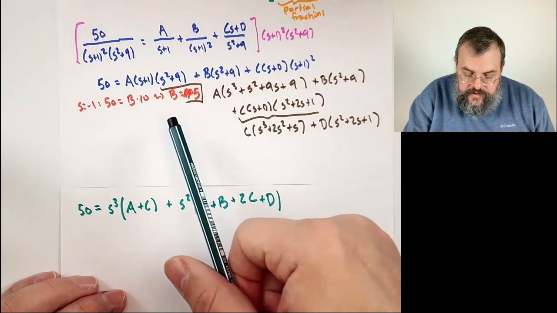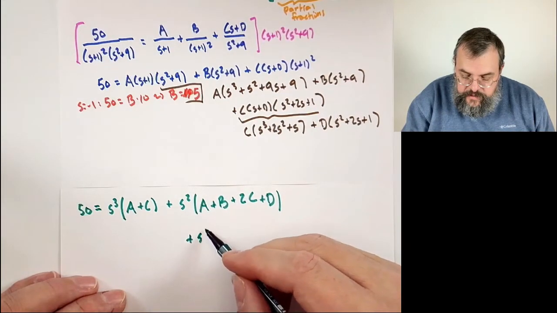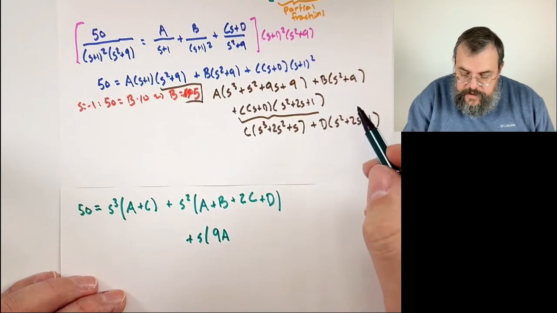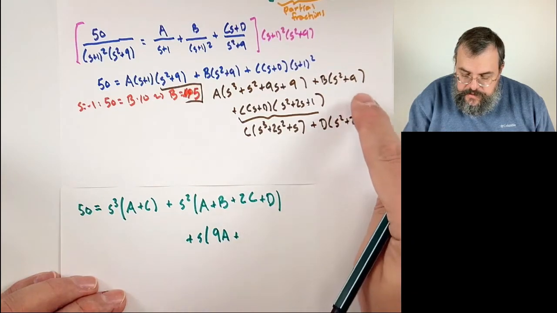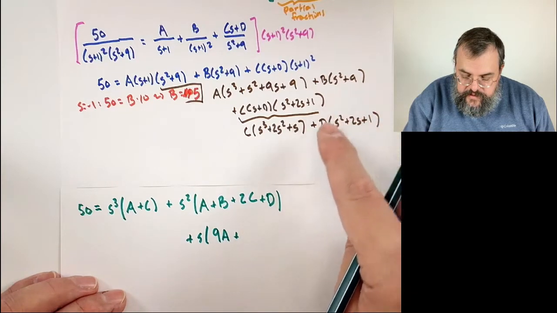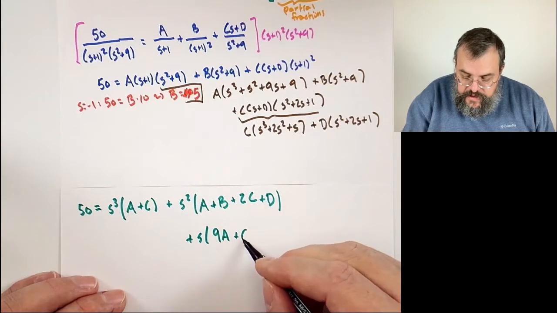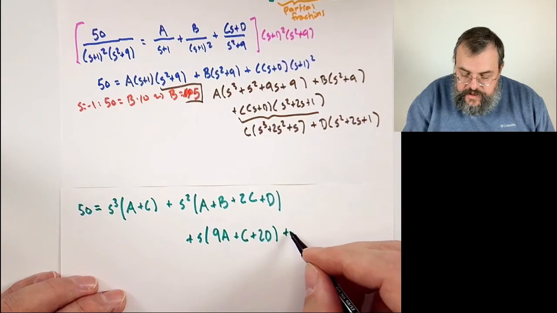Okay, how about for s's? What do we have? We have plus s's, we have 9a, and then we have 9b. Oh wait, no, that's a constant. We're doing s's. We have a plus c, and we have a 2d. Now we're just to our constants.